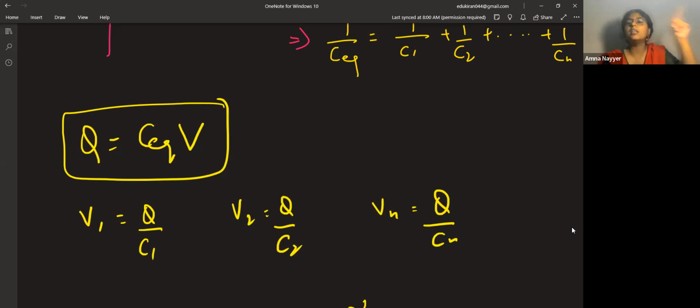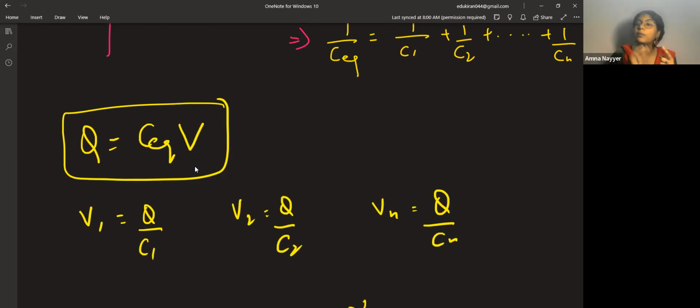So overall charge is equal to the individual charge. Q is equal to C equivalent V for the entire circuit, and still for individual capacitors we'll use Q only, because this value is remaining the same for series.